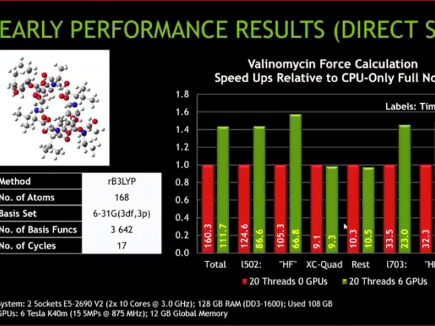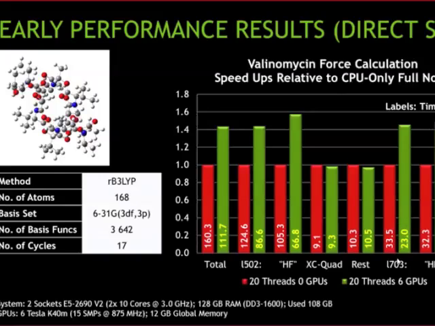We use 20 threads without GPUs as a reference, and then 20 threads with 6 GPUs for the GPU-accelerated case. The first two columns denote the total execution time from beginning to end, and then 502 is the Hartree-Fock calculation, the DirectICF.